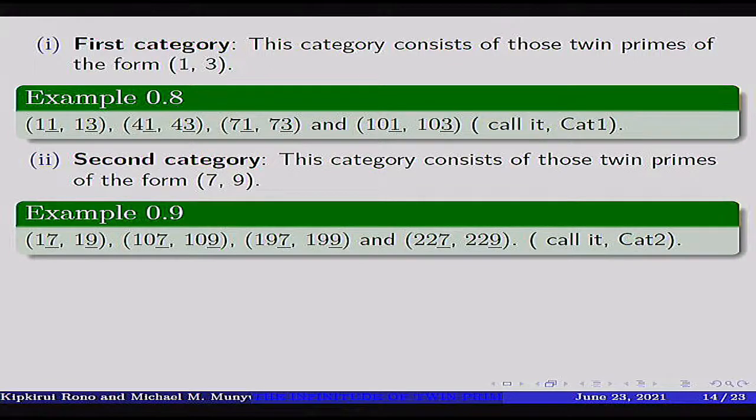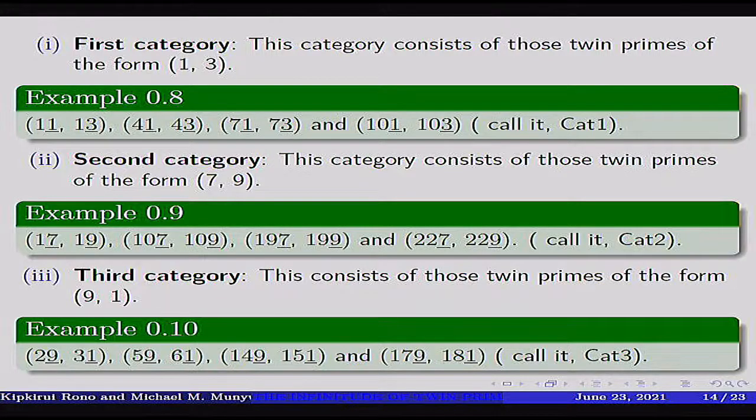The second category ends with 7 and 9, for example 17 and 19. And the third category ends with 9 and 7.